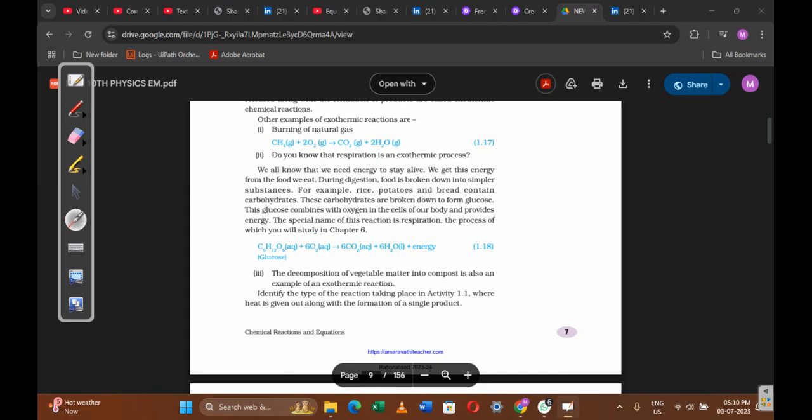Along with this heat energy, carbon dioxide and water form. When we exhale, breathe out, this carbon dioxide and water comes out. So the respiration reaction is an exothermic reaction.